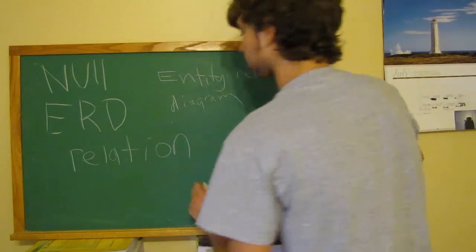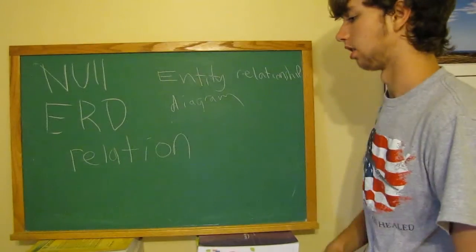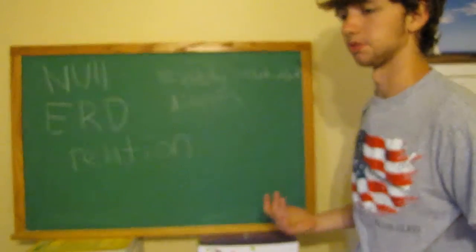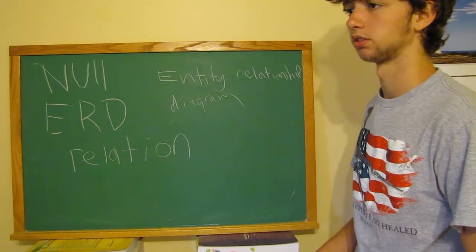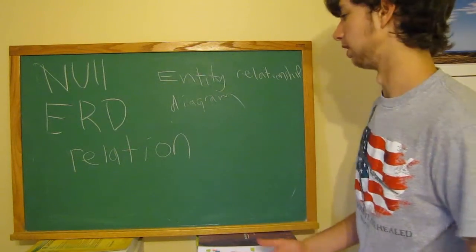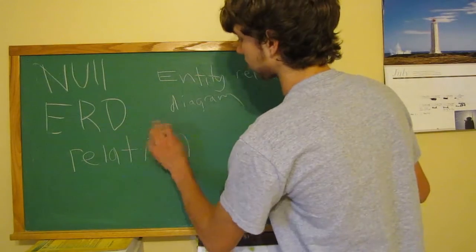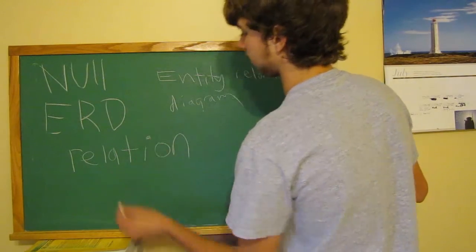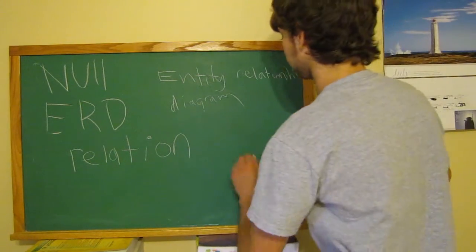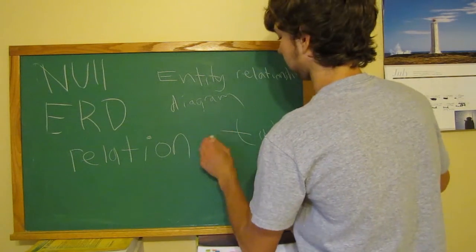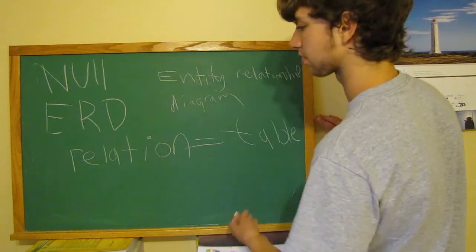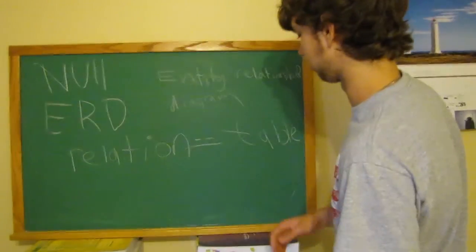Now, if you've heard of the term relational database management system, or a relational database, for example, relation comes from that, and it's just another name for a table. So, a relation is a table.